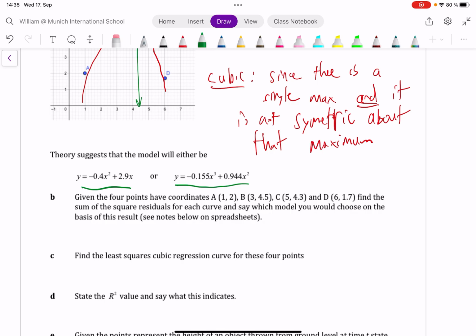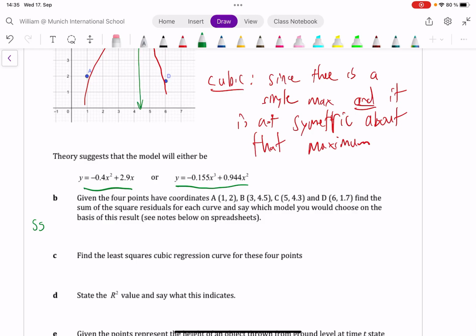And so we can do this in a single calculation. Remember, we set up tables, but you could also do it this way. The sum of the square residuals for the quadratic is going to be the difference in the function values and the given points. So I'll put the given points first. It doesn't matter which one you put first.